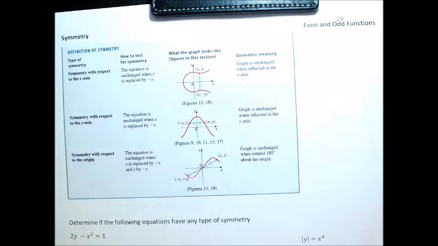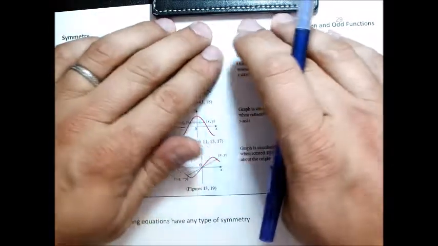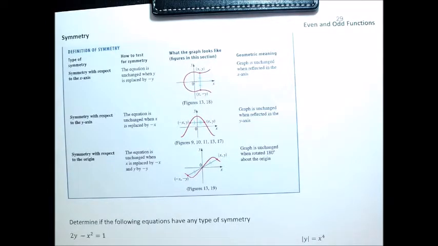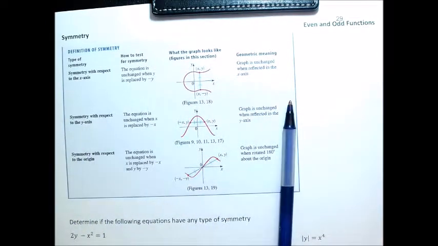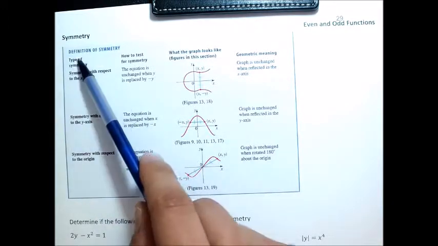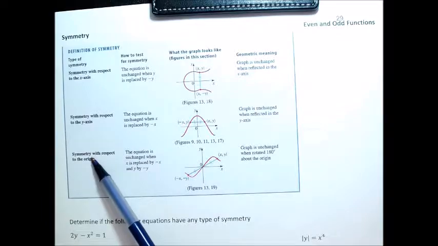So when we're talking about symmetry, we're talking about how a graph looks. It's like a visual thing, which is kind of cool, right? Sometimes we don't often get that. And so this blue box at the top here is kind of laying out the types of symmetry, and we've got 3 different, obviously the first column's talking about the different types of symmetry.